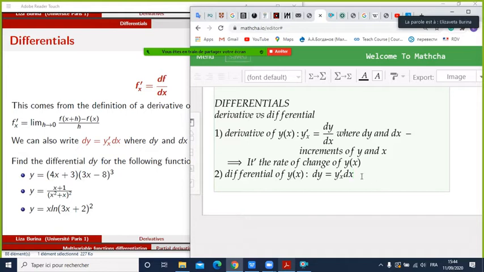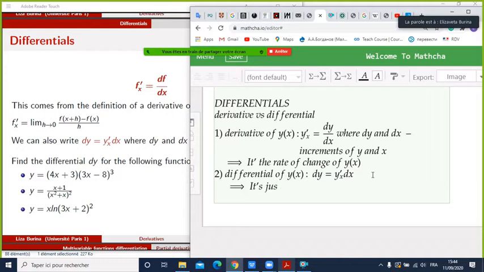Nothing more complicated here for once. So what is that? We know that dy, dx are just increments. So differential, it's just the change, so the increment part only.